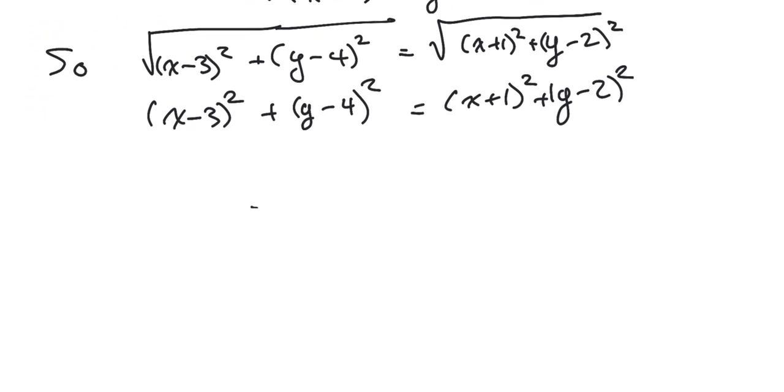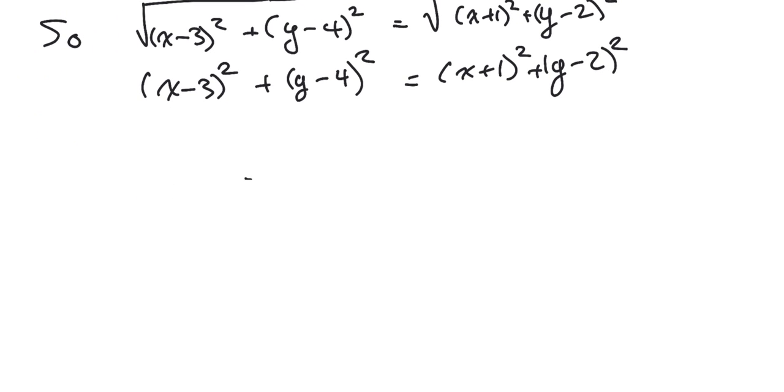So now we're going to take our time and we're going to expand this that's in red. So get out a separate piece of paper and expand it. We're going to expand this, we're going to expand this, and we're going to expand this.